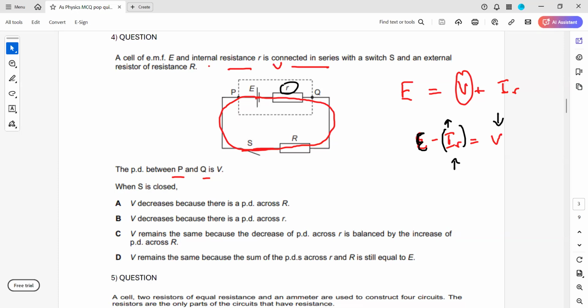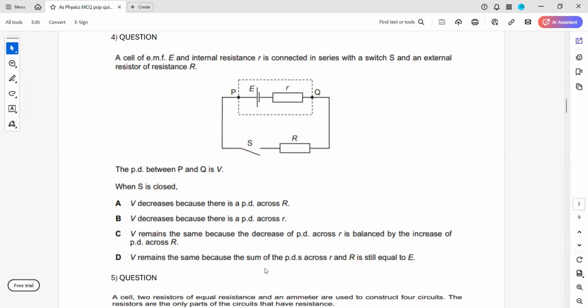So when we check the options, "V decreases because the potential across R is increasing" is wrong, because the potential across R depends on how much voltage is lost internally. If more voltage is lost internally, less voltage will drop externally.